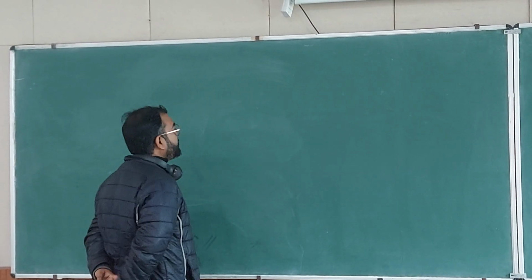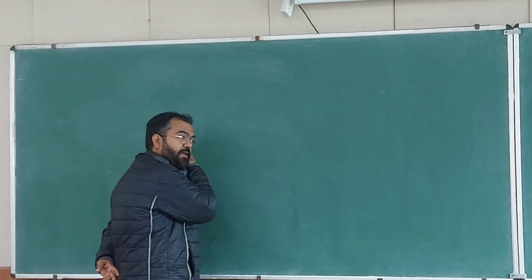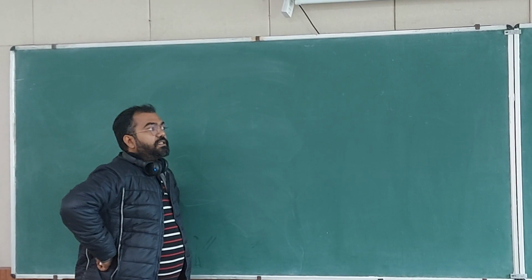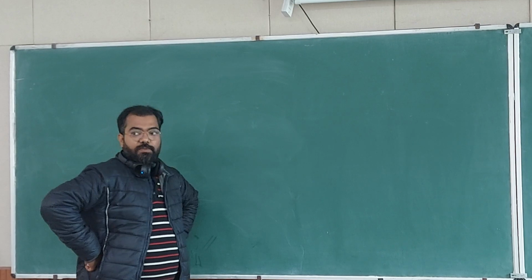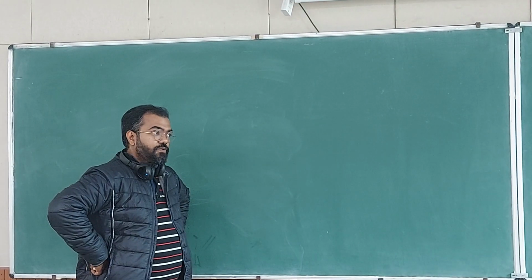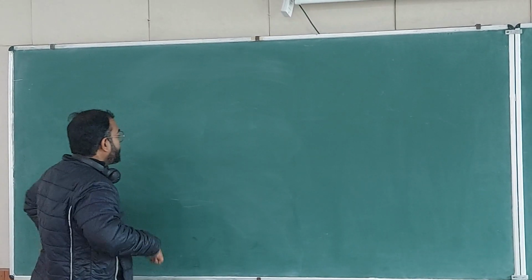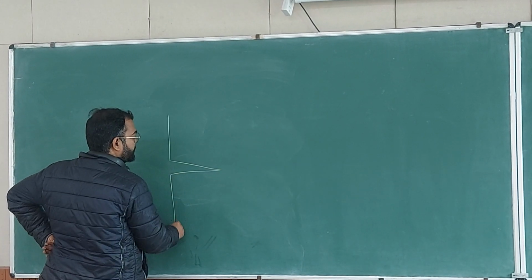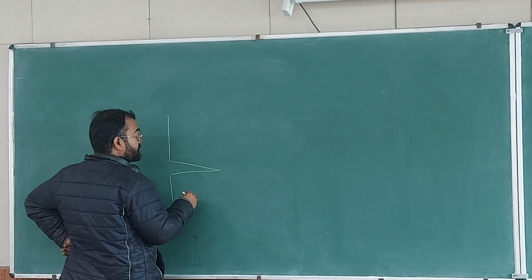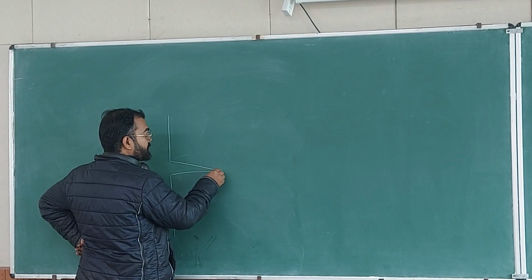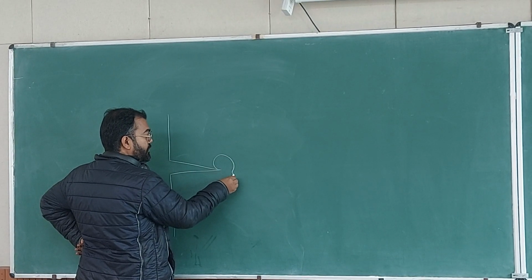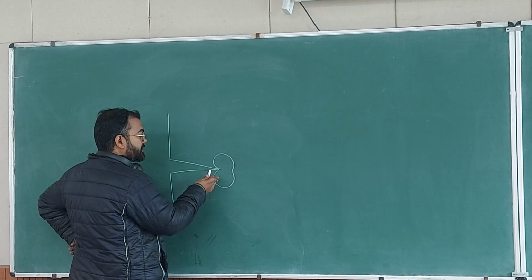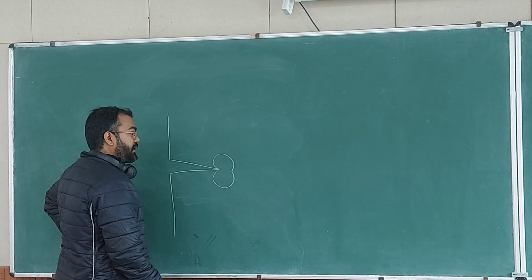now today we will start with another parameter for fracture toughness, which is going to be the last parameter. So the problem with K was that you have a plastic zone, and in this plastic zone K is not valid.